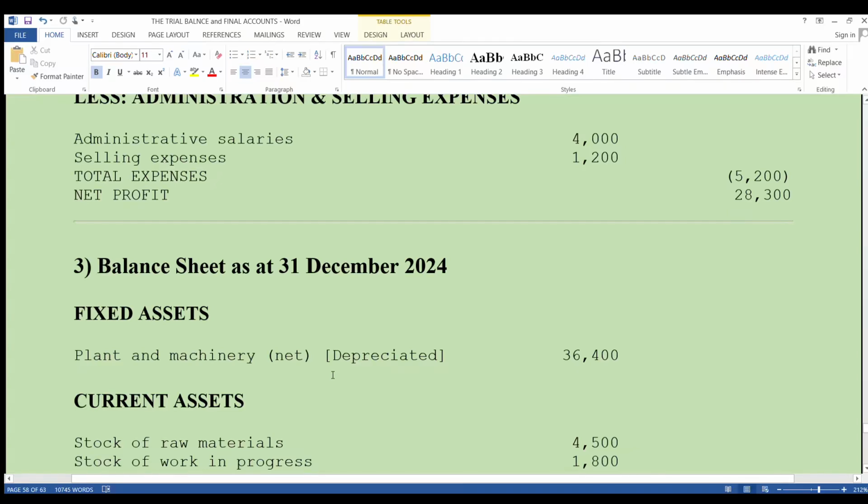So sometimes they'll give you information about depreciation. You need to calculate the depreciation. Okay, once you calculate the depreciation, you will get the difference between the value of the plant and machinery at the beginning minus the depreciation. So what you get, the net value, is the one you are going to show in the balance sheet.